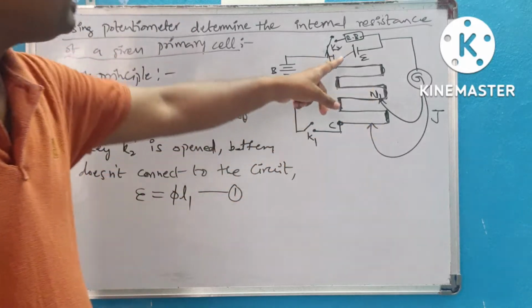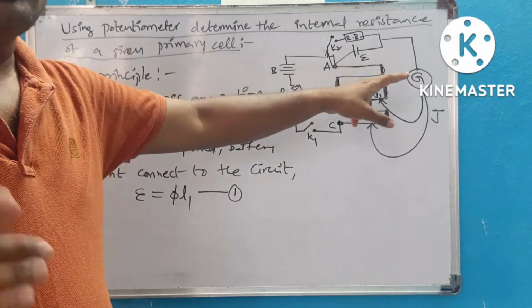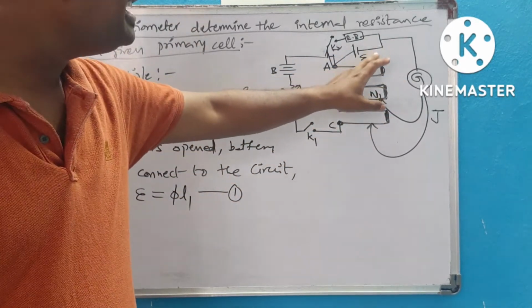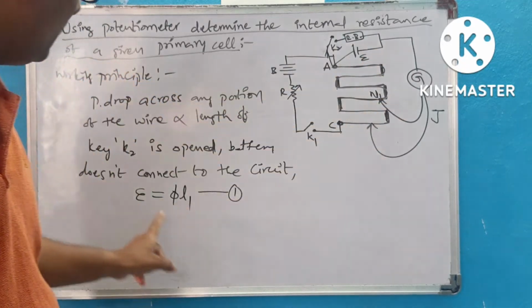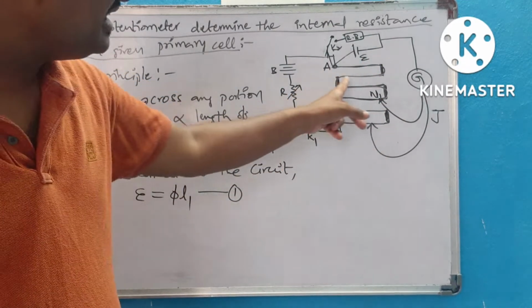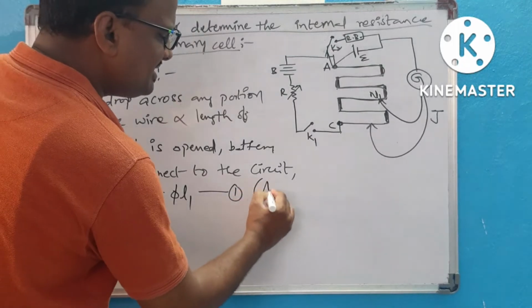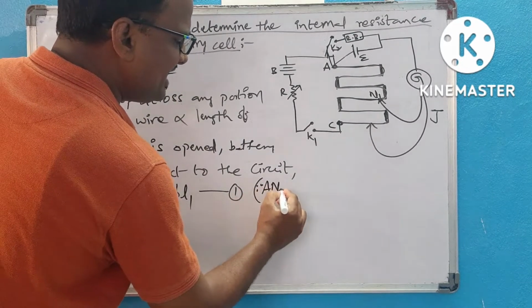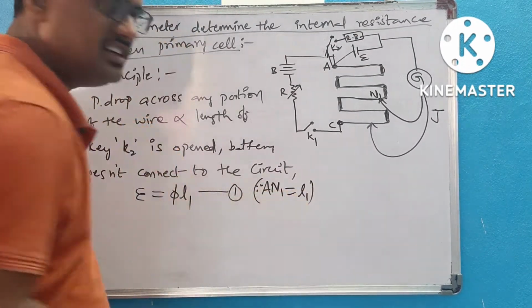Now, according to the Kirchhoff loop rule, the EMF of the battery is equal to phi L1, where L1 is the length AN1.